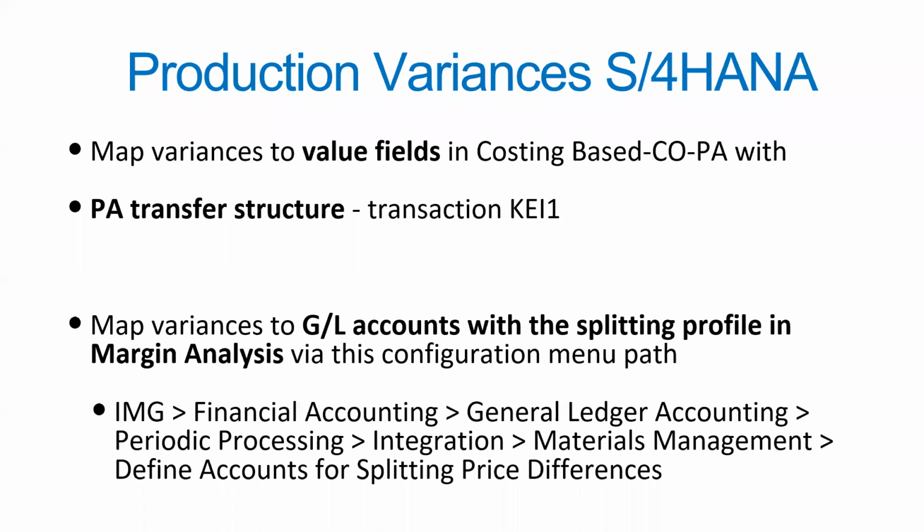Now you might do both that and create the splitting profile for margin analysis in S/4HANA. The other purpose of creating the splitting profile in S/4HANA is the settlement of the production variances to GL accounts. So it's two purposes. You're doing both with the one.